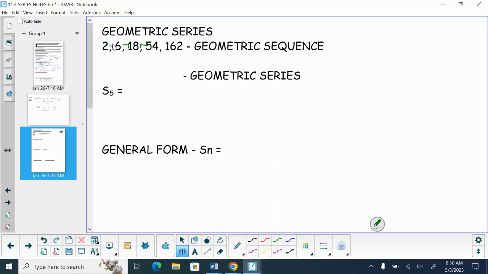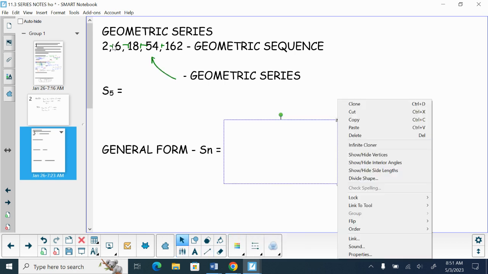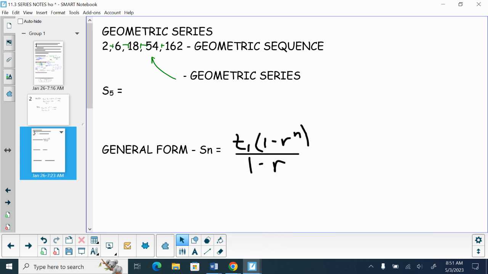When we're dealing with series, we're just adding them together. To find the sum of a geometric series, we take our first term, multiply by 1 minus r to the nth, and divide that by 1 minus r.